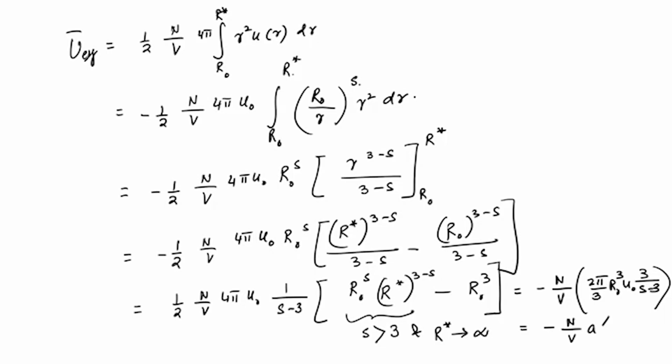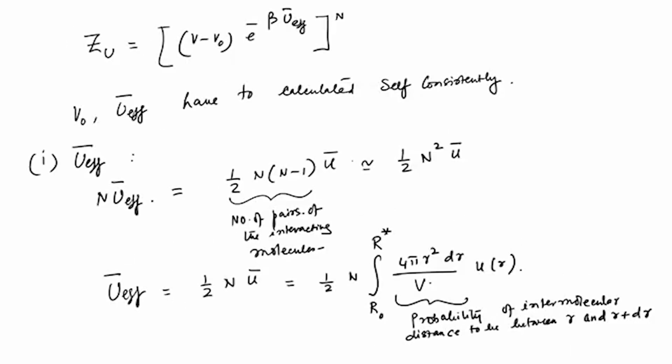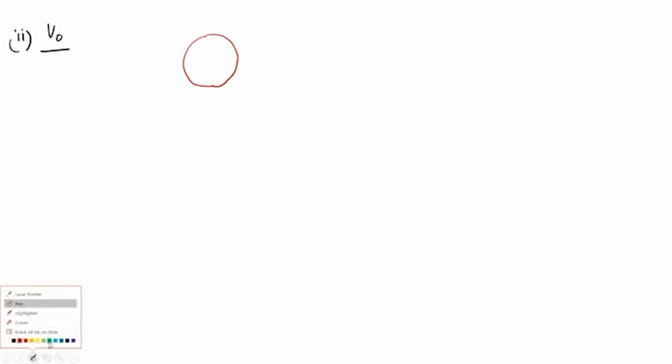Let me now go and calculate the other quantity, that is V 0. So, u effective is calculated, and now we go ahead and calculate V 0. So, this is number 2, and let me use a color here. We have two molecules, say touching each other.